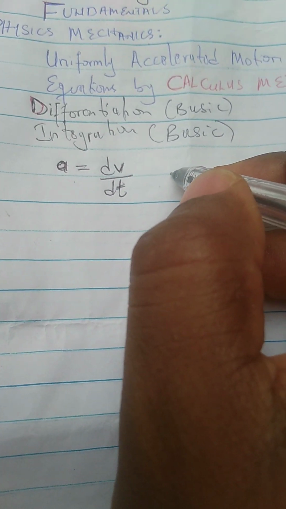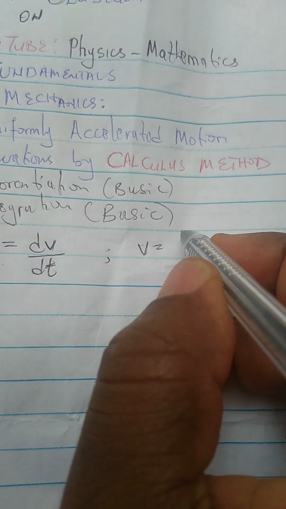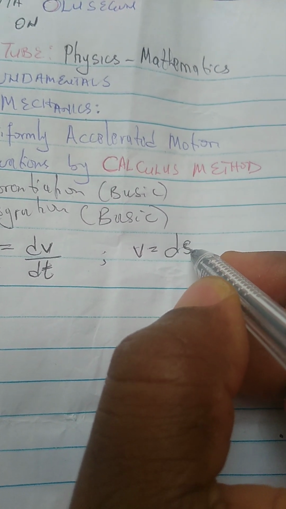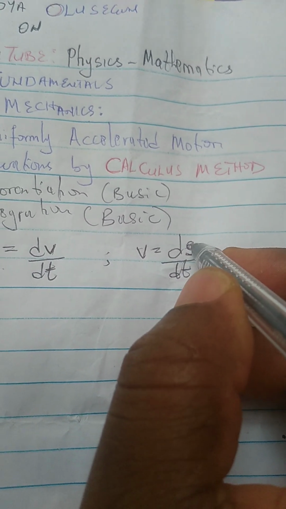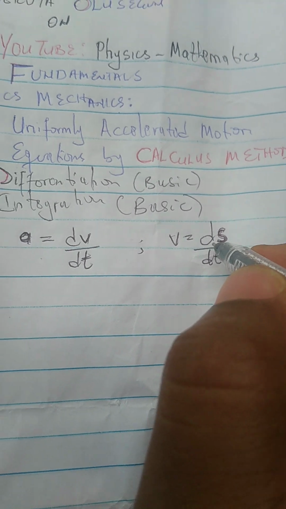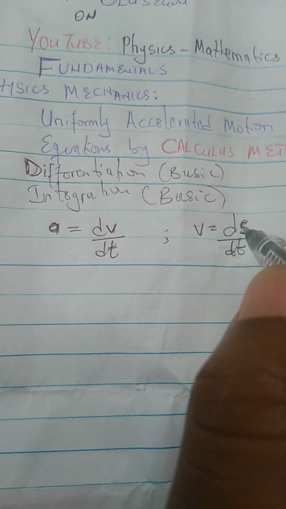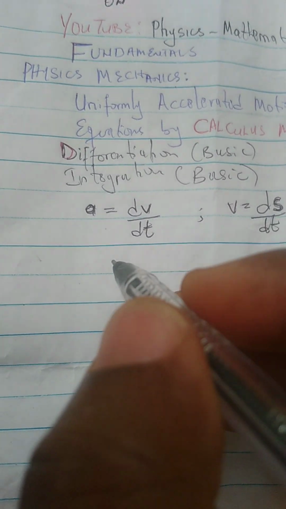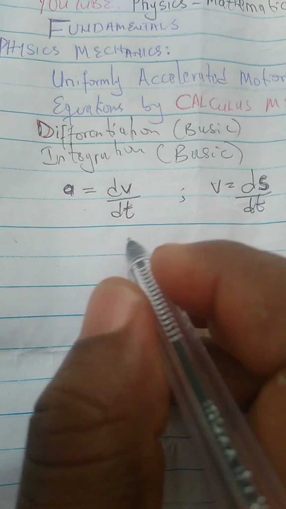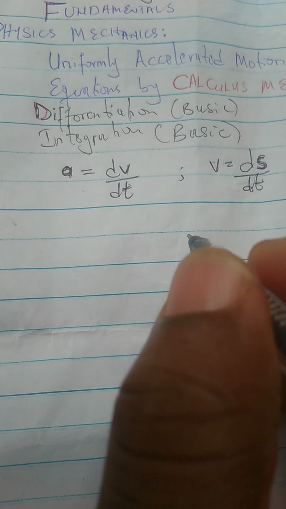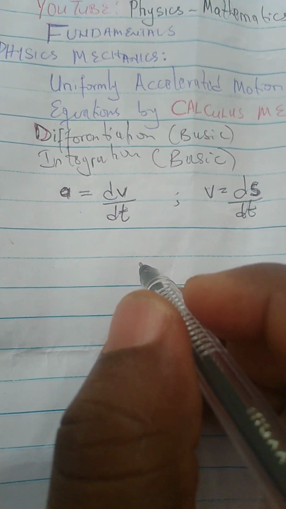We also define velocity as instantaneous change in distance covered divided by instantaneous change in time. This distance is covered in a given direction. We should have this at the back of our mind. Now, let's start derivation of the equation of uniformly accelerated motion on a straight line.